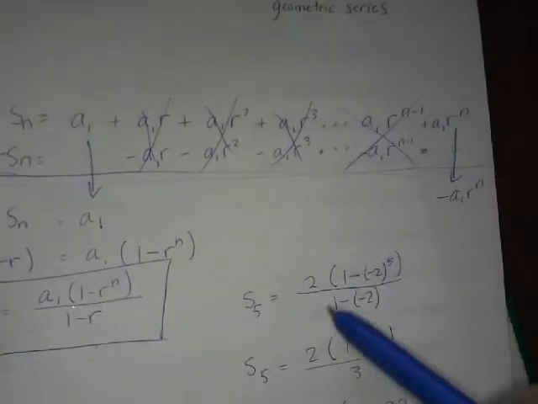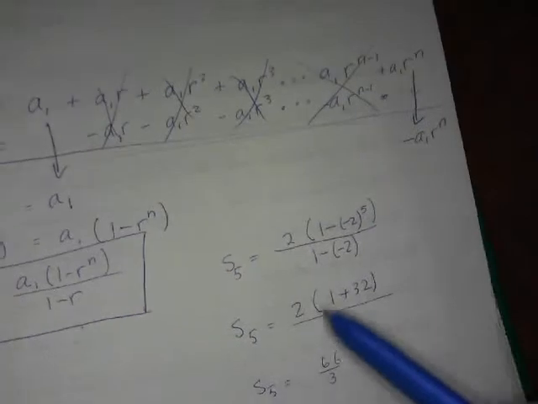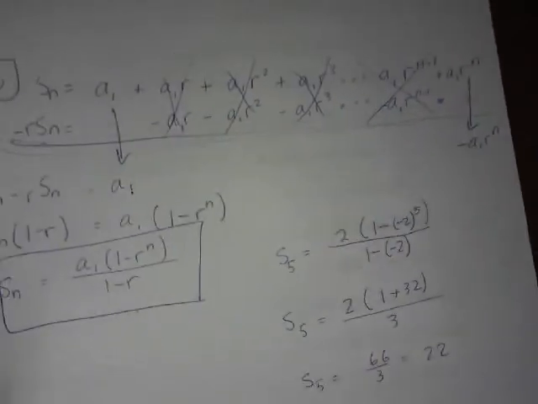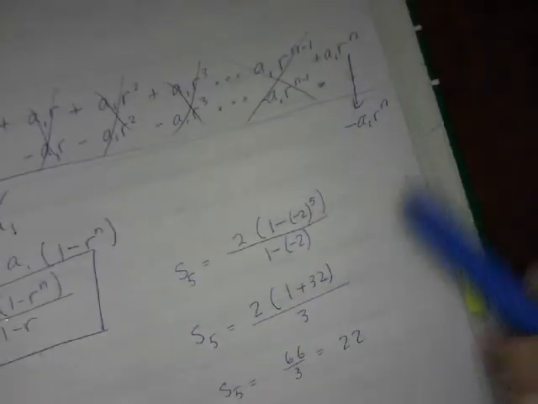Sum of the first 5 terms, whose first term is 2, so I stuck a 2 in for a sub 1, and whose common ratio is -2. So everywhere I saw r, I put the -2, did all the math, and I ended up with 22. So the sum of a series like that would be 22. That's your answer.